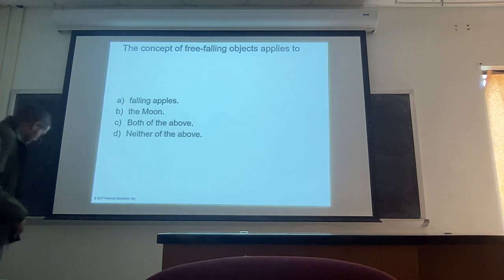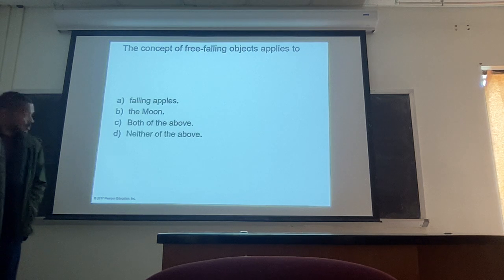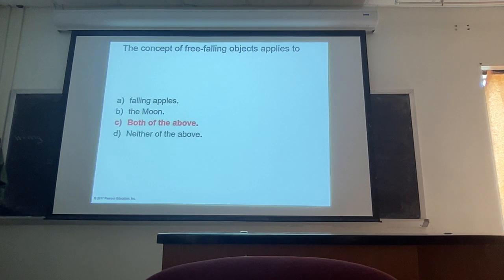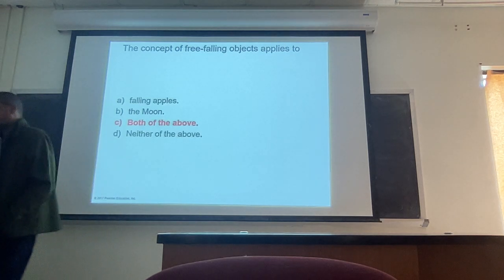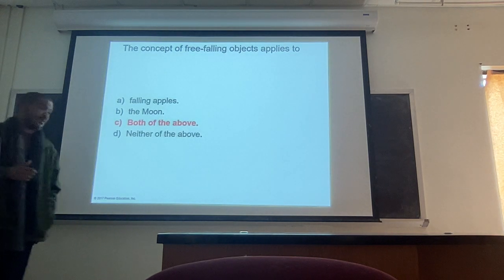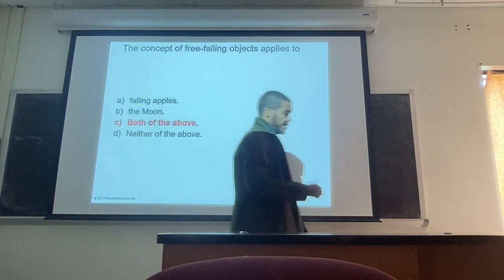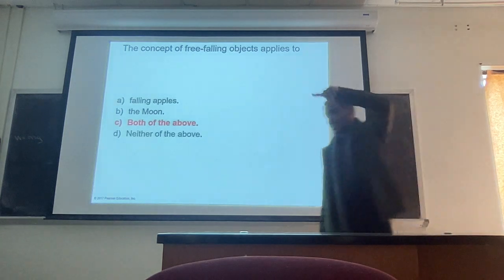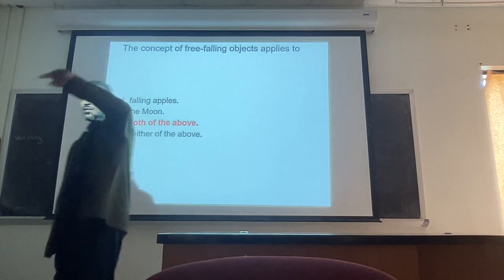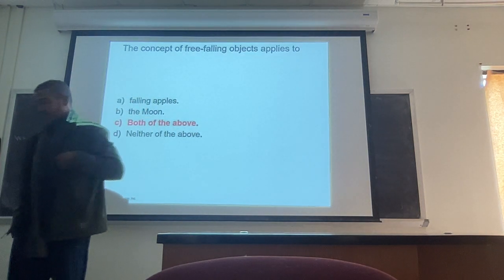Both of the above. Right? So technically, the moon is, because it's going around in a circle, that means it's accelerating. Remember I told y'all that? Because it's going around in a circle, the moon is always accelerating, right?